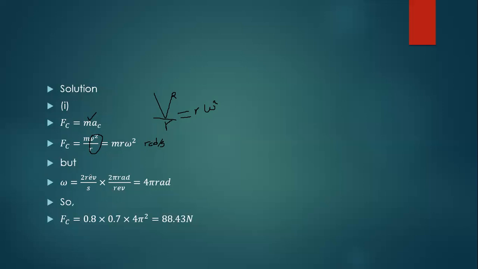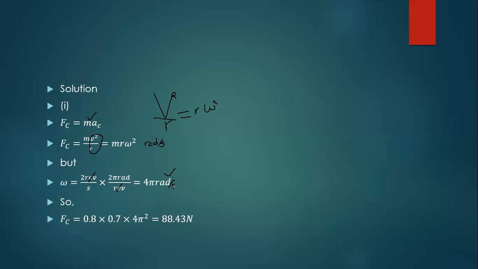Now, the revolution, we can also express it as 2 pi rad. So this revolution and that revolution will cancel out. And then here we'll have 2 times 2 pi rad over this second. Of course, I was even supposed to indicate second there. Gives us 4 pi radians per second.